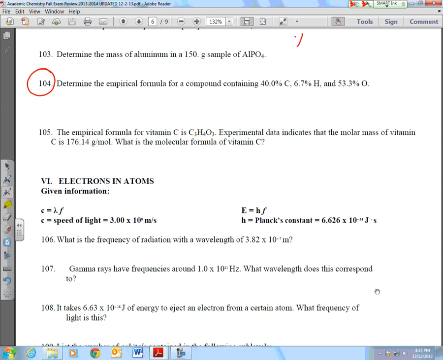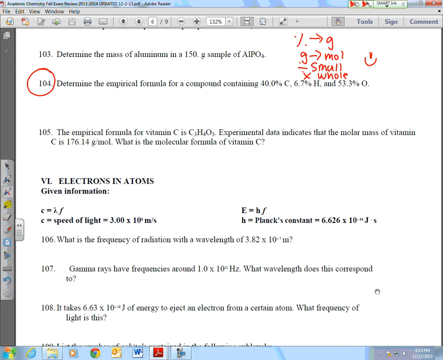Percent to mass, mass to mole, divide by small, and multiply to whole. Yay! Those are your instructions. If you can memorize that corny poem, it's going to tell you exactly what to do.